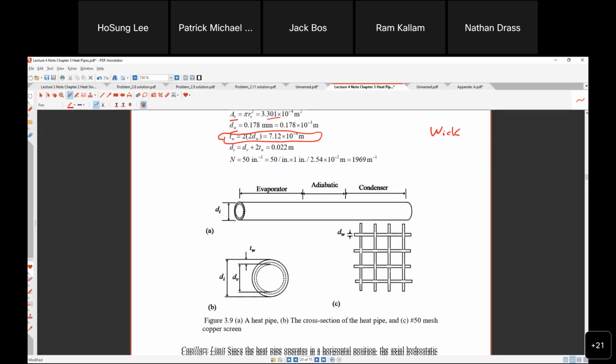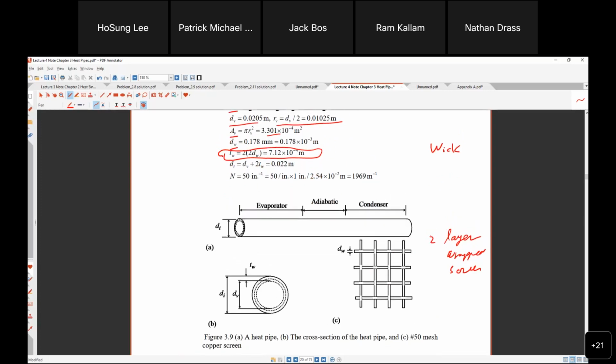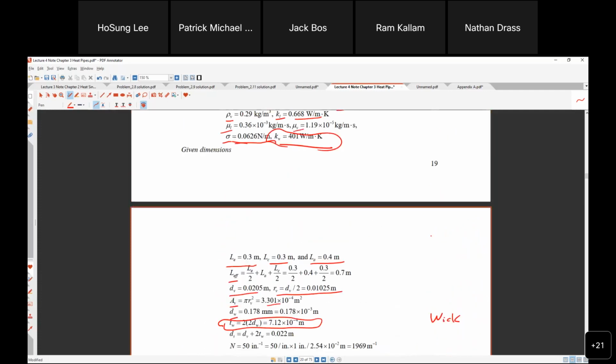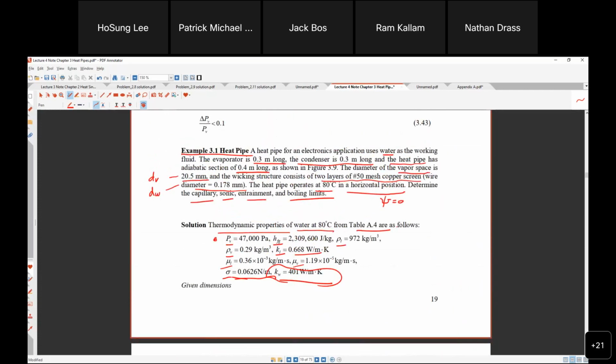So if you look at the two layer, there's a two layer of screen, wrapped screen. So this is one, two layer, am I right? Two layer or? Two layer of 50 mesh copper screen.